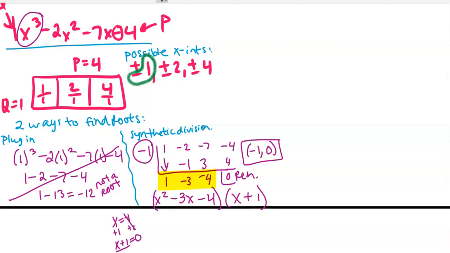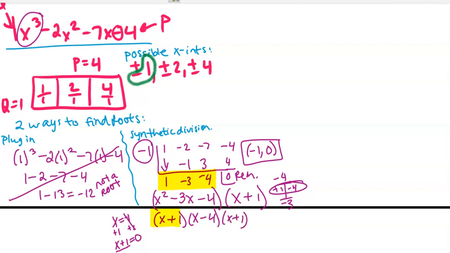So 1 times -4 is going to give us -4. And we want factors of -4 that add up to -3. So in this case, it's going to be +1 and -4. Because our a value here is 1, our factors are going to be x plus 1 and x minus 4, bringing down that x plus 1.